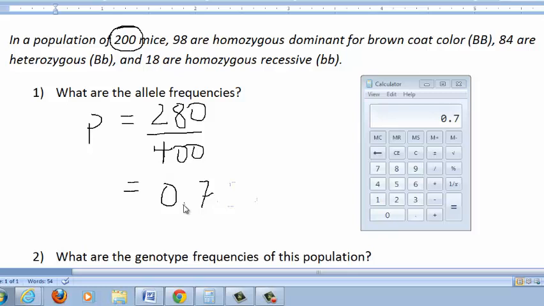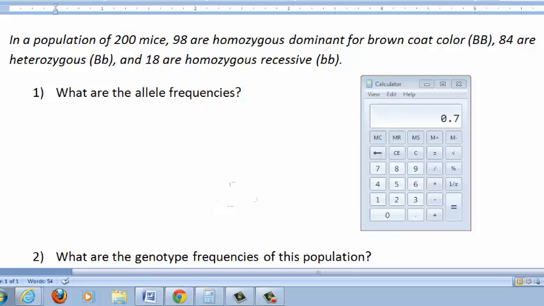Now we need to find the Q, which is the recessive allele frequency. The Q allele is found in the same way. We have to add up all the little b alleles this time. We've got 18 that are homozygous recessive, and they each have 2 little b's.